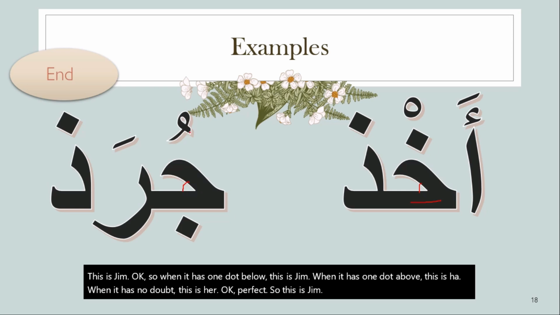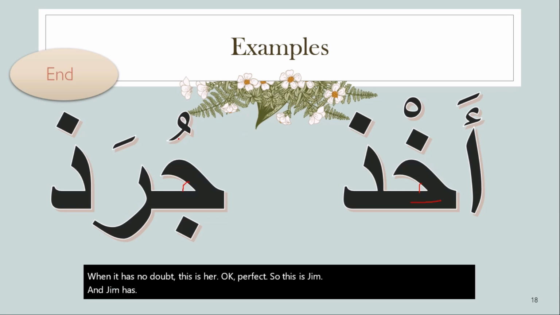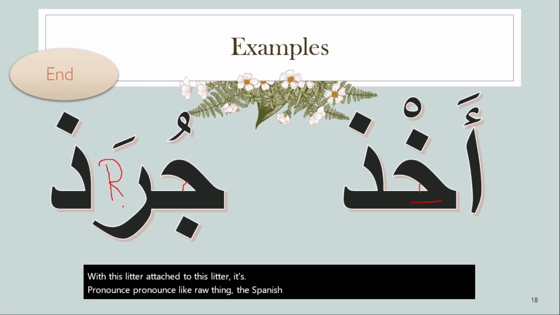Jim has dhamma above, so it would be ju. With this letter attached to it, it's pronounced like ra, the Spanish R, and it has fatha above, so ra.